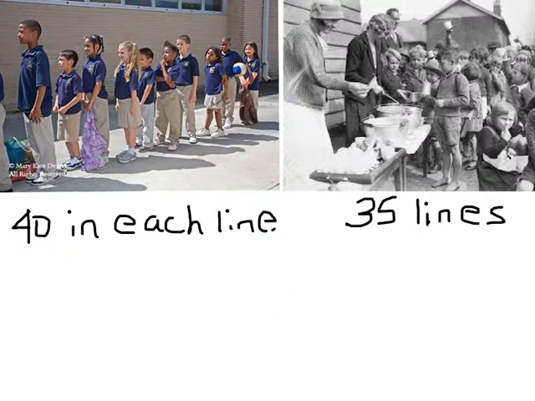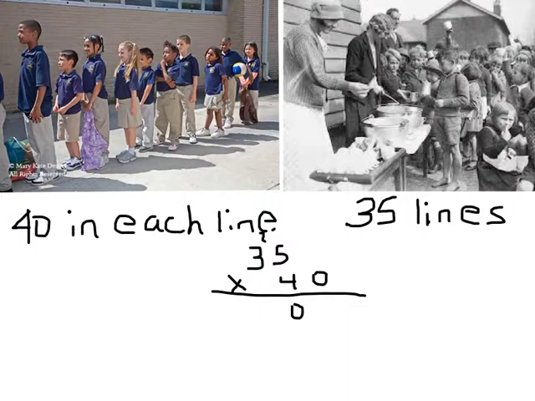Let's do this offset 0 thing. 35 times 4, and then we'll add a 0 on the end. 5 times 4 is 20. 4 times 3 is 12, plus 2 is 14. So we have a total of 1,400 children if we have 35 lines with 40 in each one.